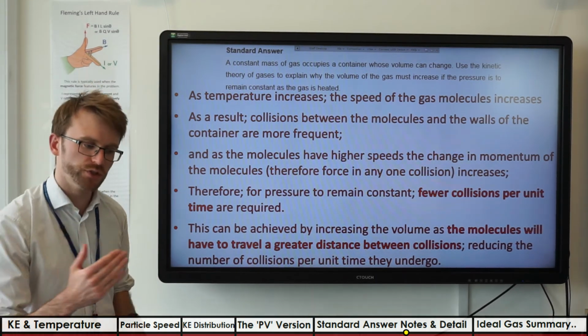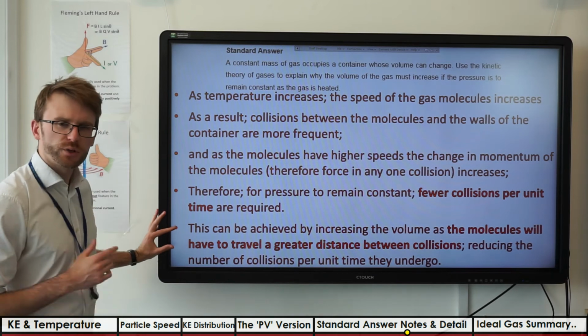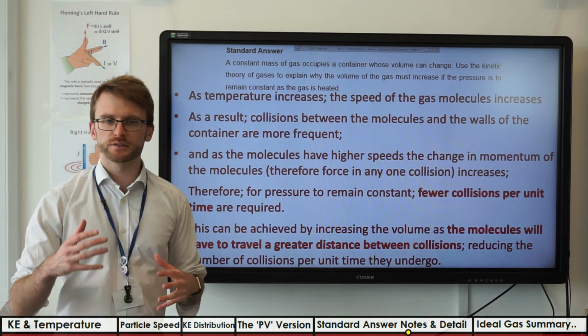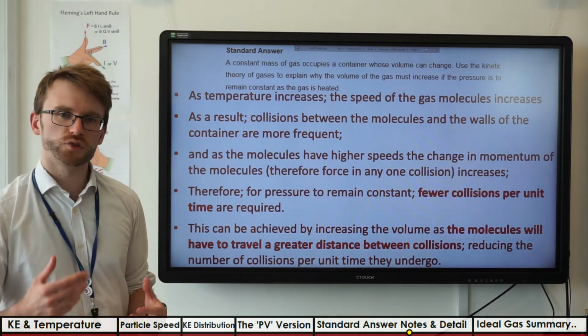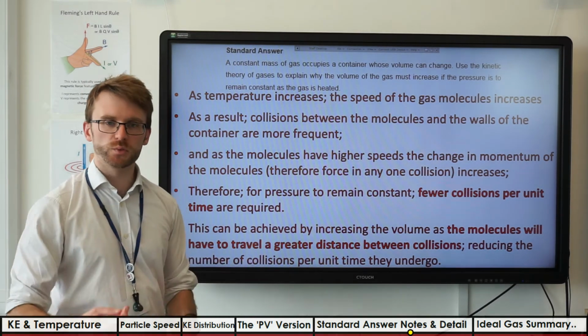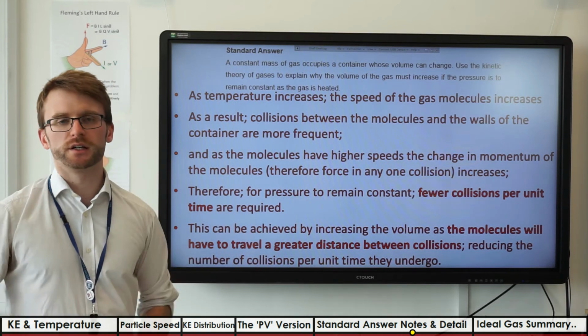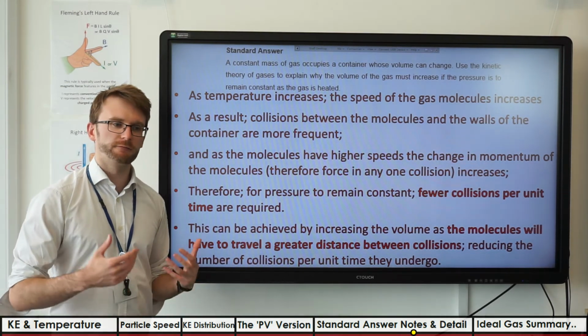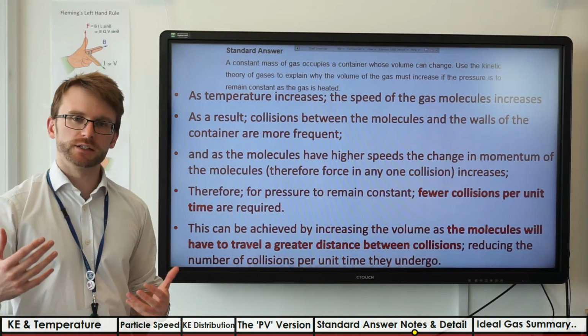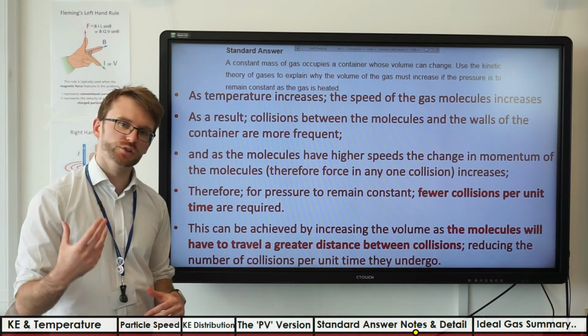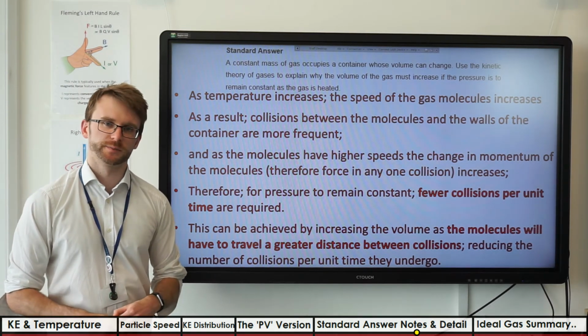We want to reduce the frequency of collisions. How do we achieve this? Well, if we increase the volume, we will increase the travel time, the distance between collisions. If I have a bigger space, the particles will simply have further to travel between those collisions, thus reducing the rate of collisions.